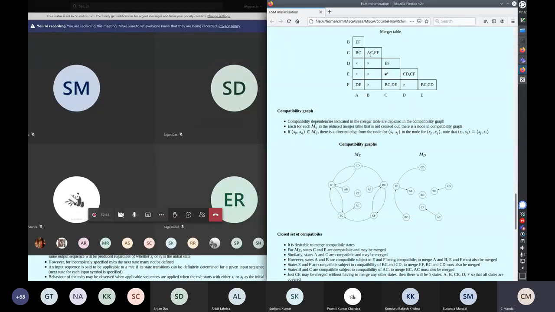For example, from the node BC, you'll have an edge to the node AC and another edge to the node EF. It is as simple as that. So it shouldn't take too long to create the compatibility graph from the Marchett table.